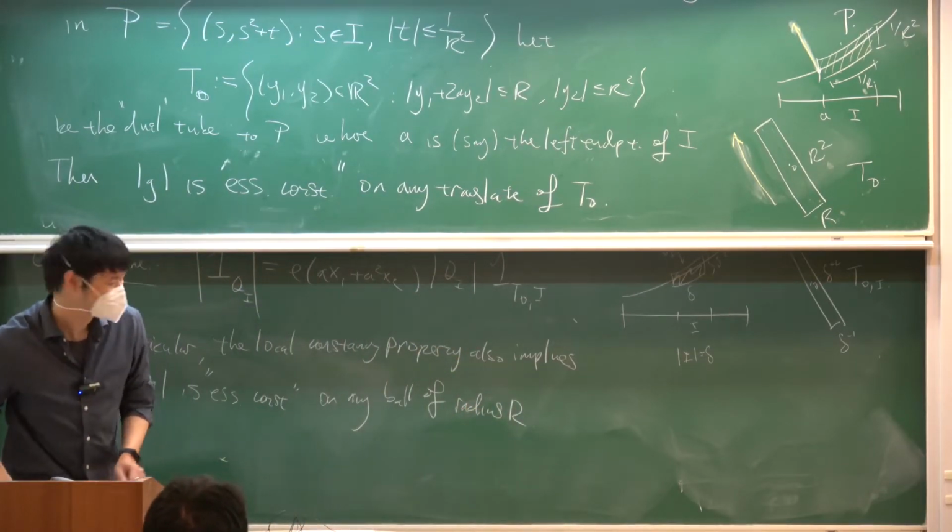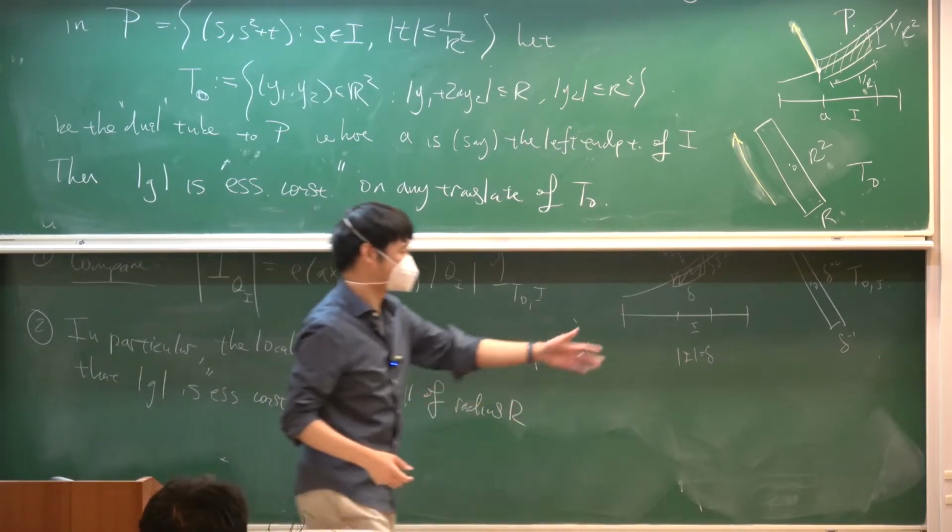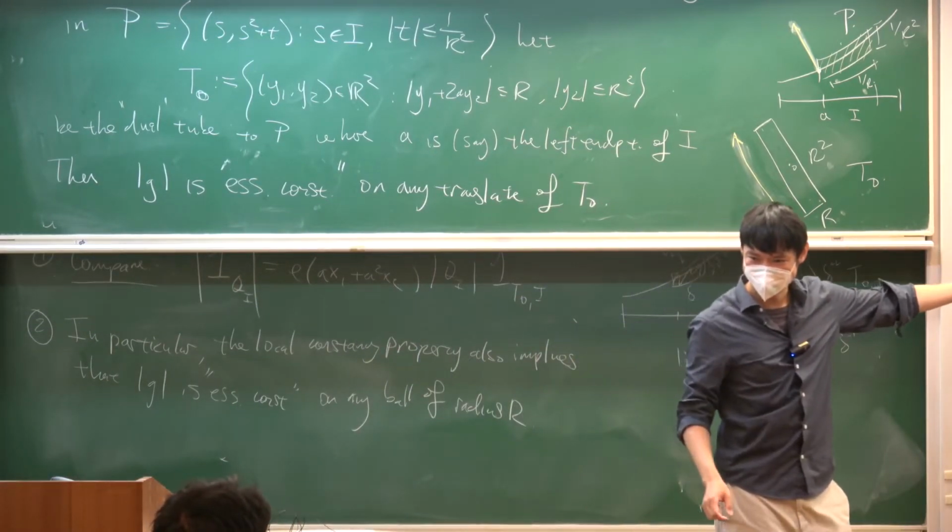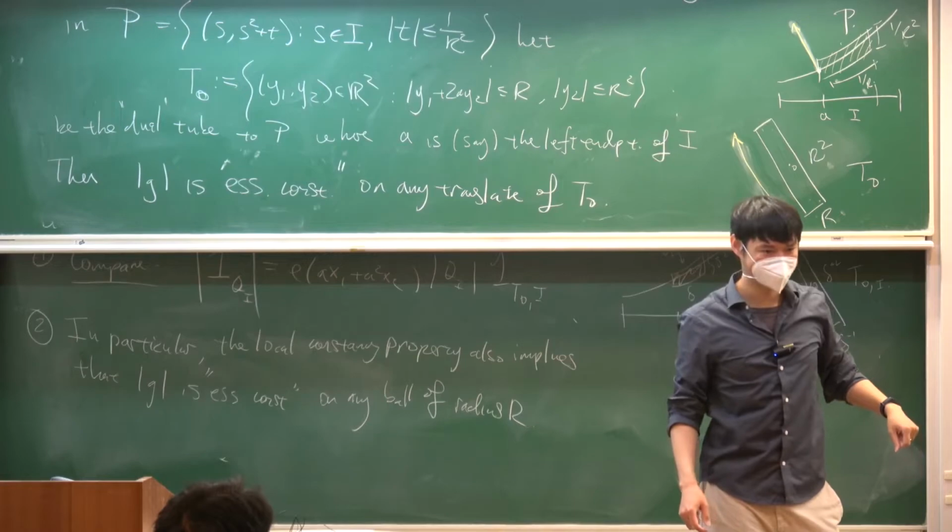Let's remember, when I say ball of radius r, I could mean any of these three objects. They're all the same under this heuristic.